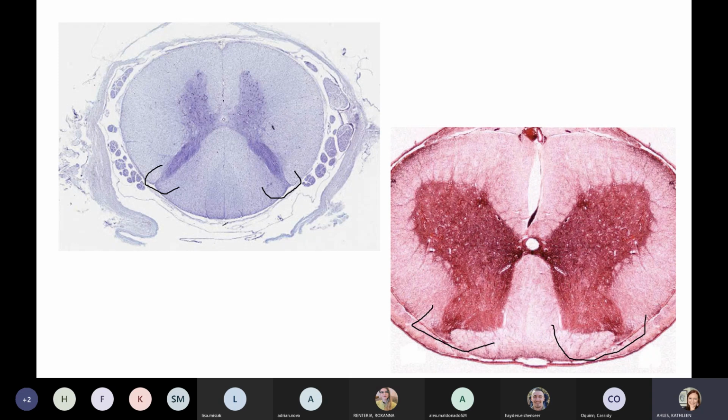We're always going to have that central canal, that open space for the cerebrospinal fluid in the middle. And you can see really well in this one, my dividing line, my ventral median fissure. We can see on my other one that dorsal median sulcus as well as that ventral median fissure. So some slide pictures just to show you what it looks like in real life, not just on the models.